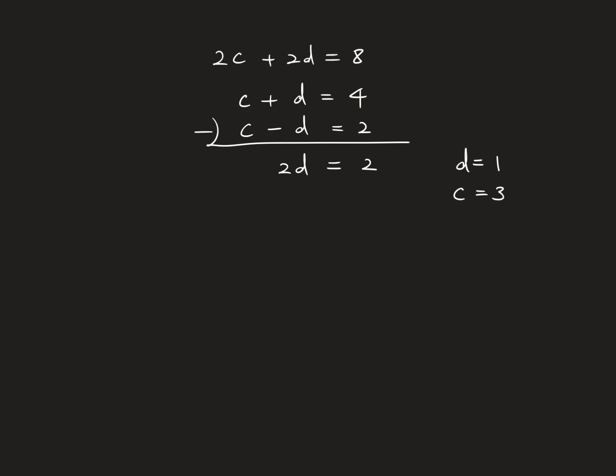This process is called elimination. Elimination of the first term, the c term. Because when we have this equation, it is complex because there's a coupling between c and d.